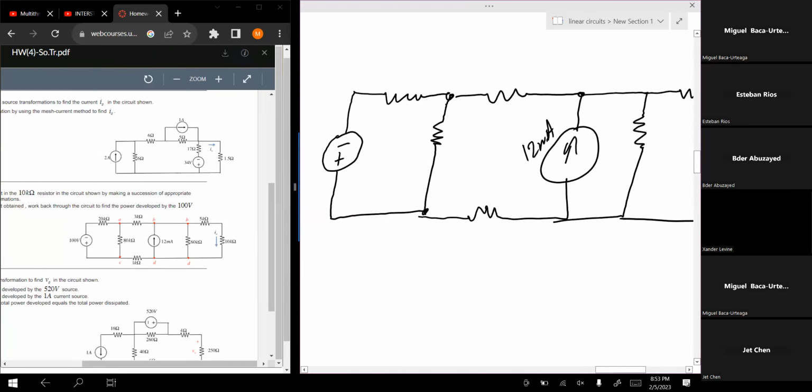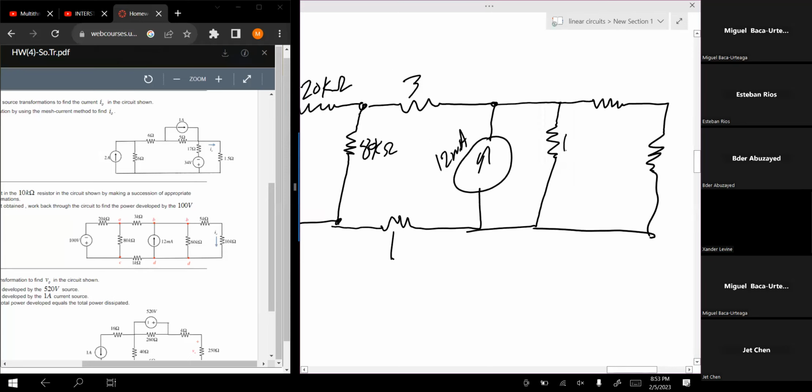So we have 100 volts, 20 kilo ohms, 80 kilo ohms, 3, 1. I gave up on writing all the things. Okay. 60, 5 current flowing through there. That's I naught. And then this is 10 kilo ohms.